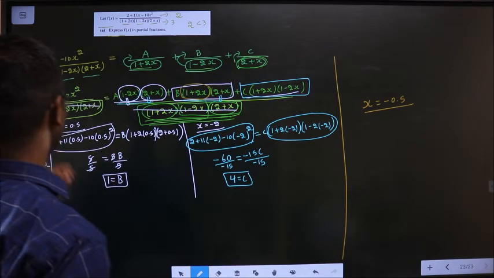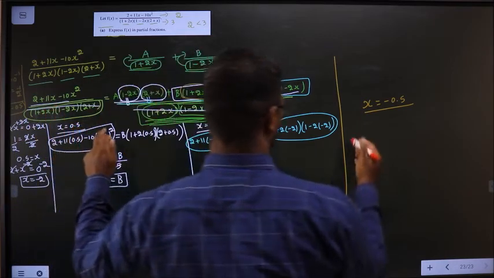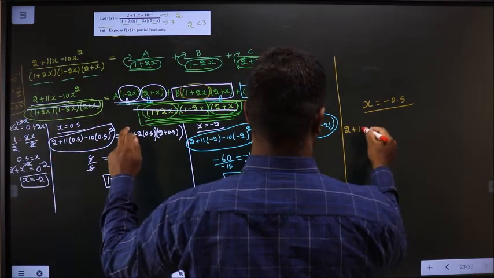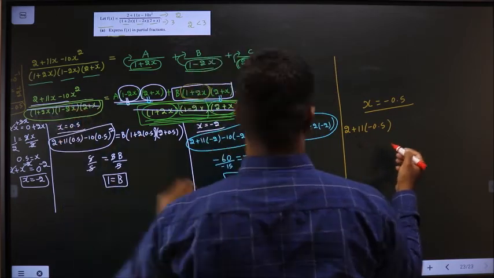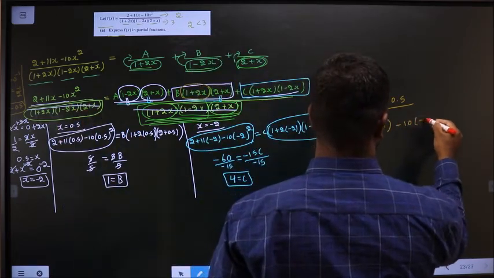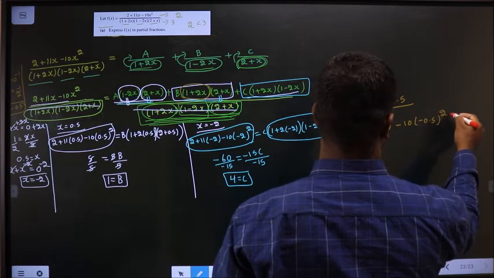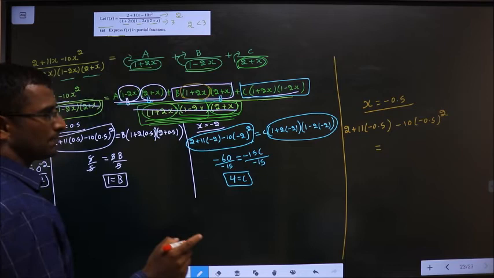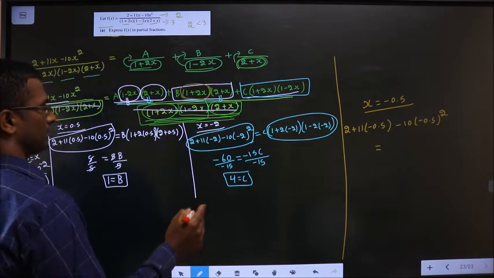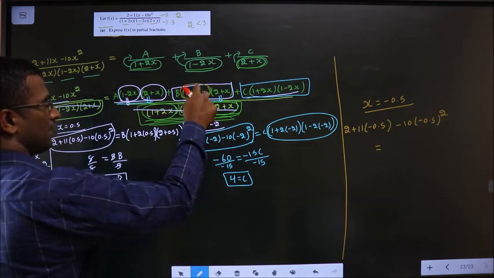So what is left? 2 plus 11 times minus 0.5 minus 10 times minus 0.5 whole square is equal to. When x is minus 0.5, this is 0.